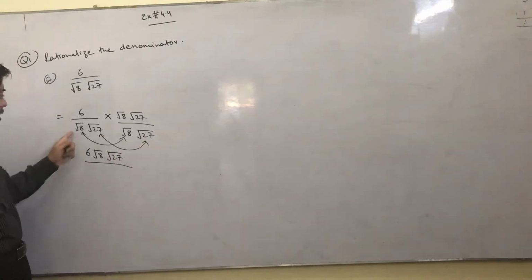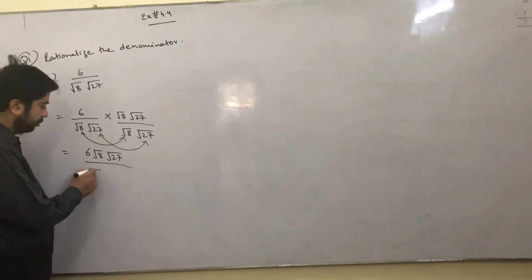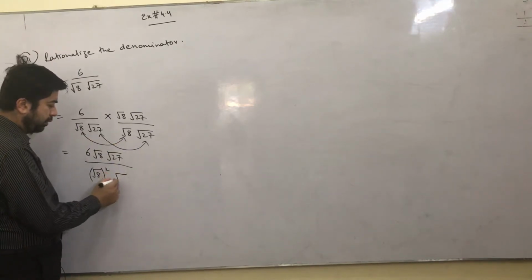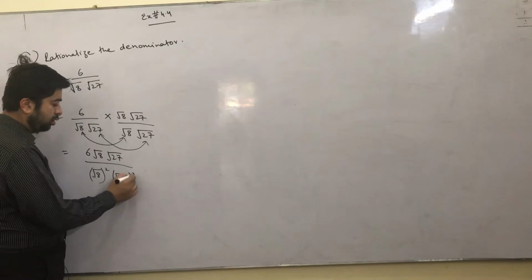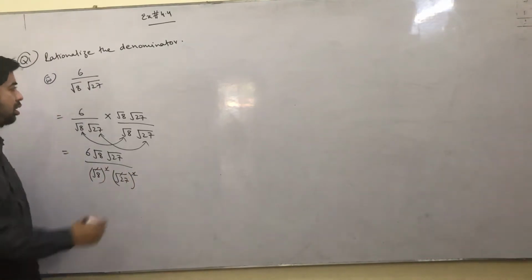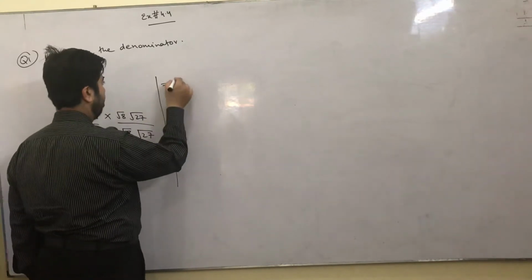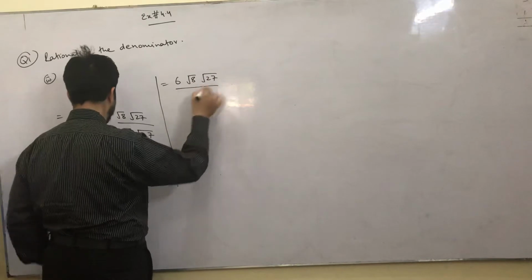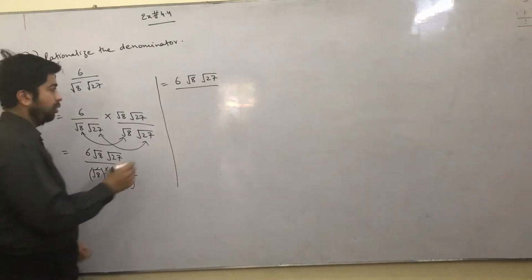So what will happen? Square root 8 whole square and square root 27 also whole square. So the square is going to cancel with the square root, in both cases. So now in the numerator 6 square root 8 square root 27, and in the denominator 8 and 27.